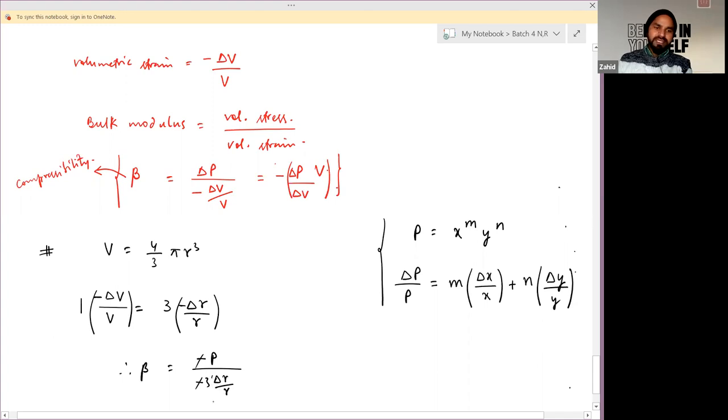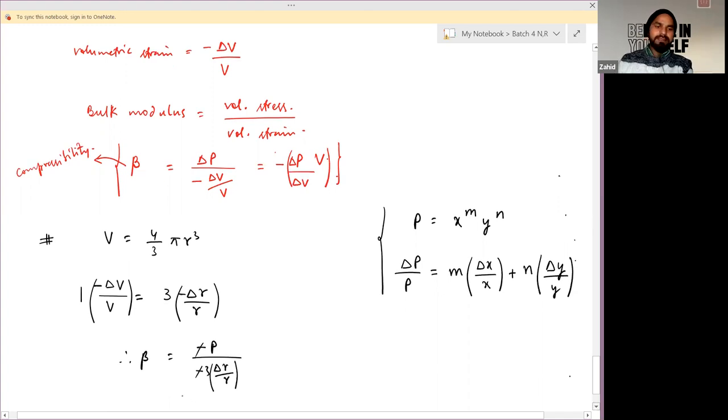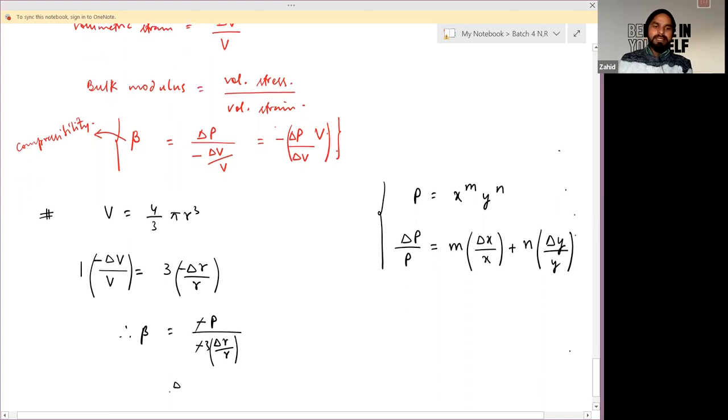And since you have to find delta R by R, move it to the left side, you will get delta R divided by R equals pressure divided by 3 times beta.